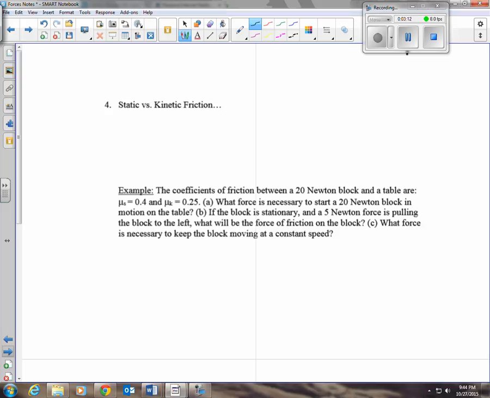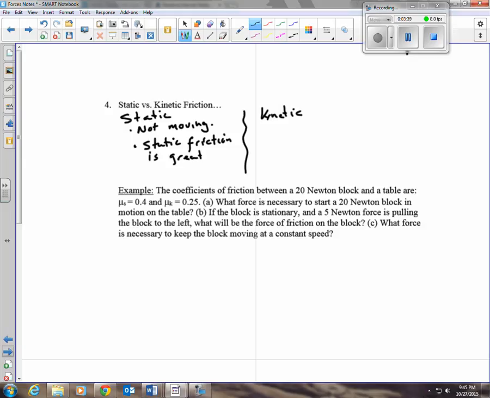Now we're going to talk about the degree of static and kinetic friction. The definition of static is that it's not moving. And static friction is greater than kinetic.